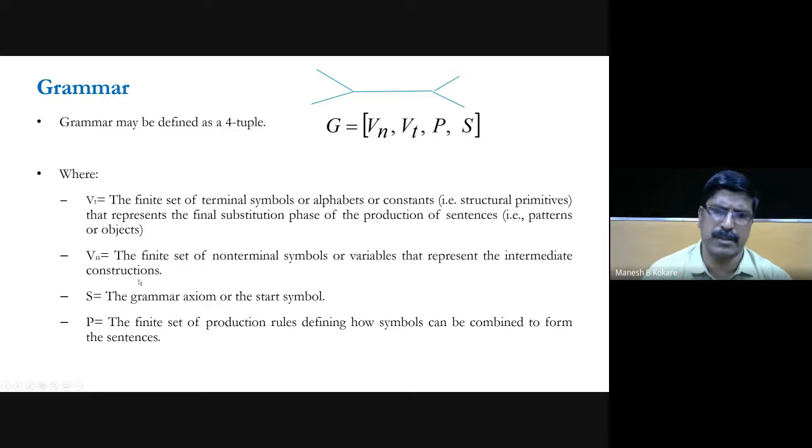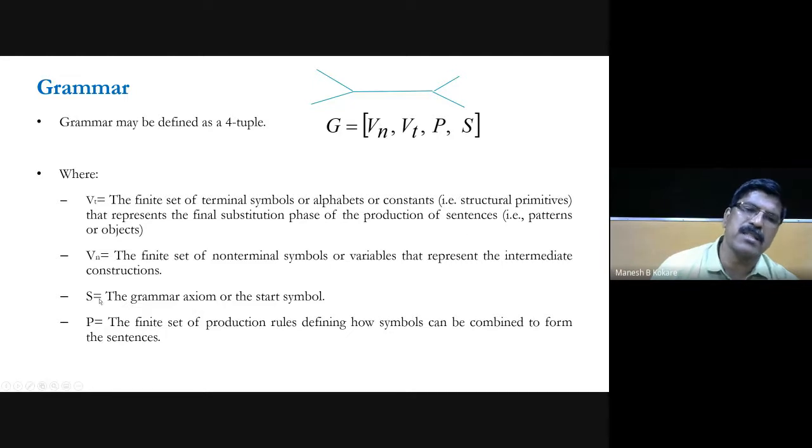Intermediate constructions are represented by non-terminal symbols, whereas terminal symbols are whatever primitives you are using.